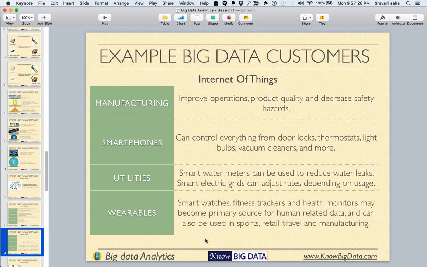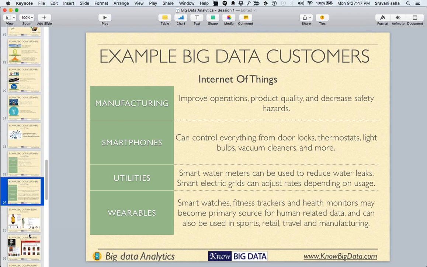Smartwatches have everything in them along with all the sensors, and health monitors, heartbeat, glucose, and it's now possible to track and measure all of these. So there are many more ways the Internet of Things is impacting human need.